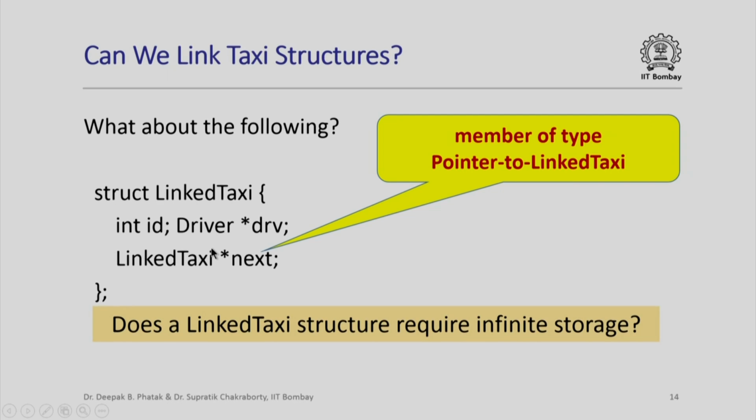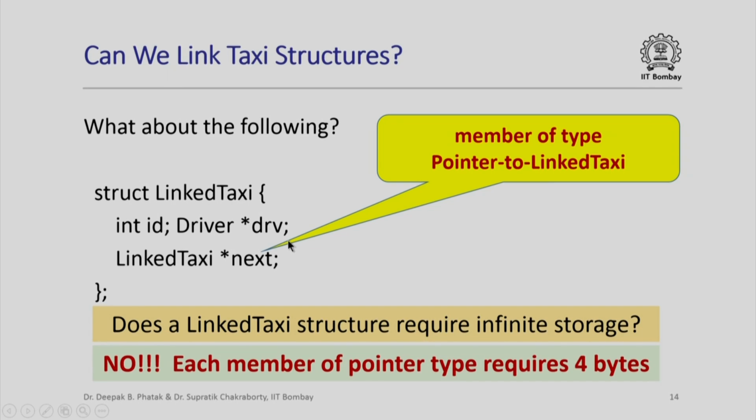In this case, does an object of structure type linked taxi still require infinite storage? Well, it is easy to see that it will not, because this member is merely a pointer to another object of structure type linked taxi, and a pointer just requires 4 bytes of storage, and therefore the total amount of storage required for this structure is finite.